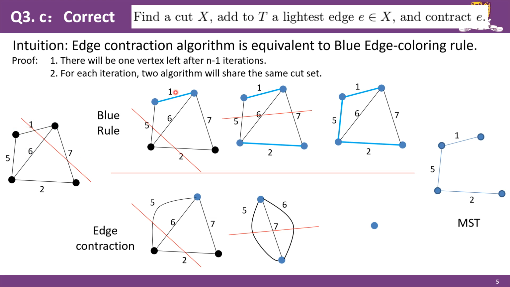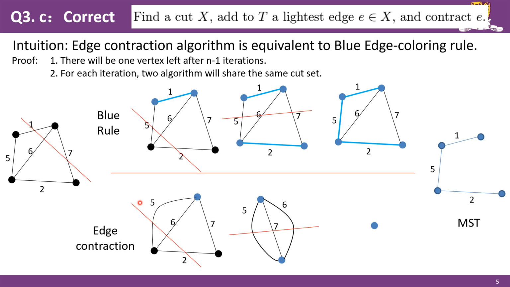So this means, say that the original cut set is S, then all the cuts that include the blue edge will be S', and the remaining cut set will be S minus S'.